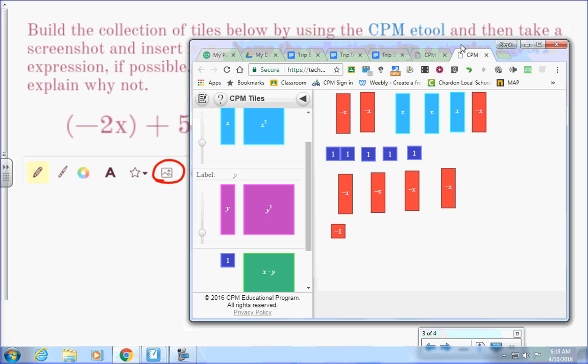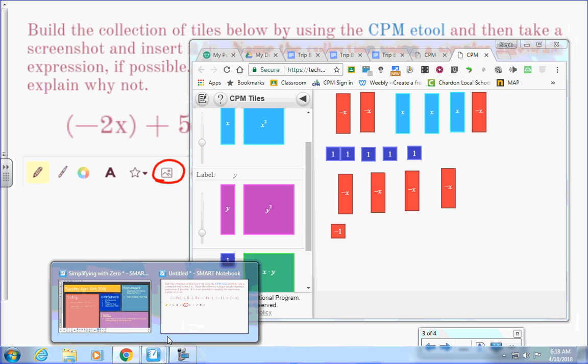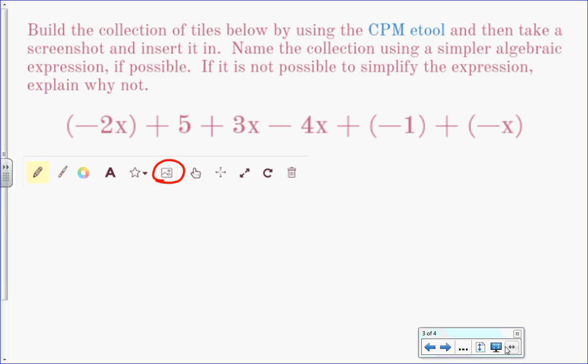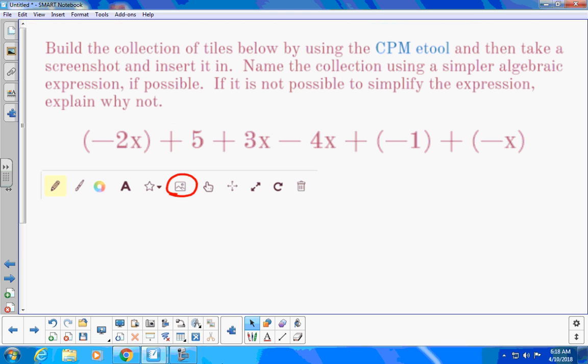okay, of it because I'm using a Smart Document. I'm going to take a picture of it and then insert it right in. Go back into here, shrink my document down to get my camera.